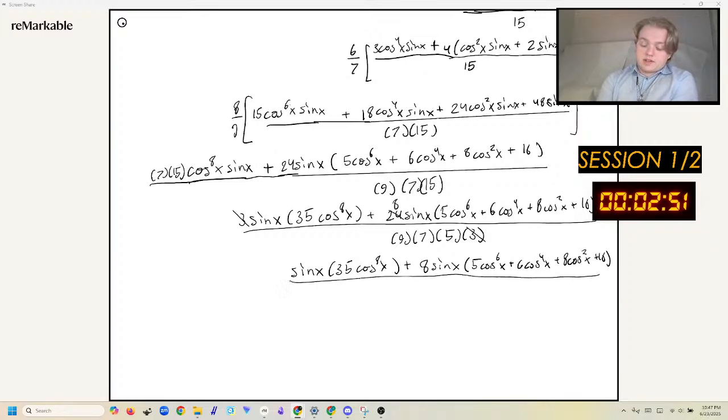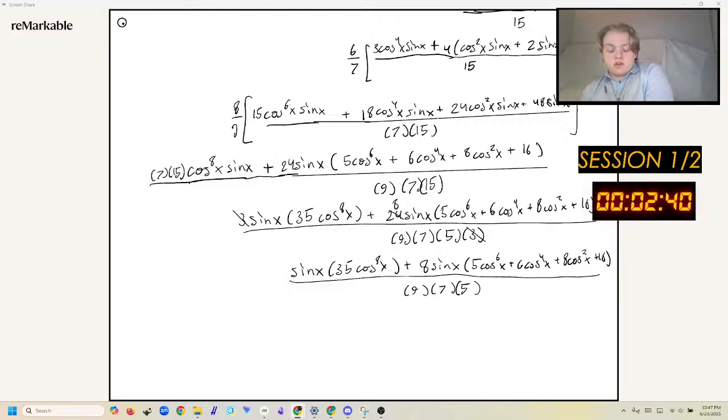Still pretty nasty. So we have 3 numbers here, and we're going to see if we can take any more out of this. There are no common denominators or common multiples left in this parentheses right here. That appears to be the case, which is unfortunate.